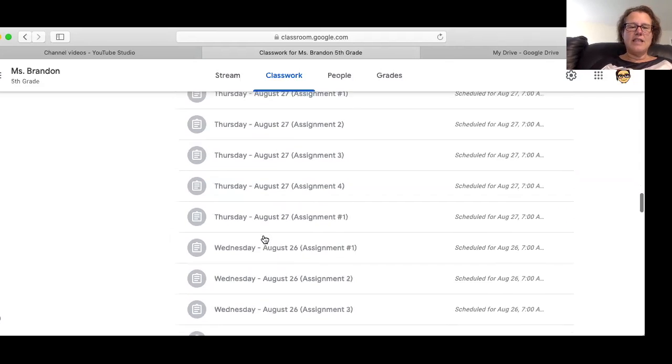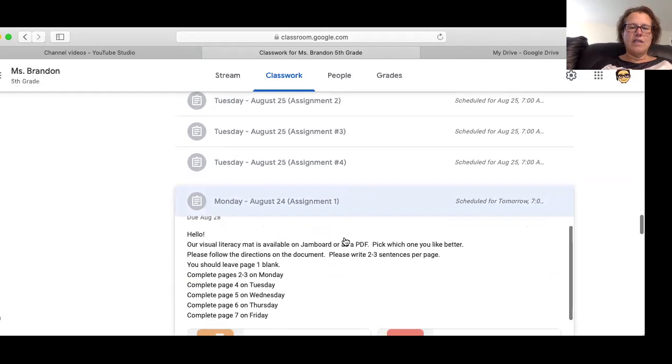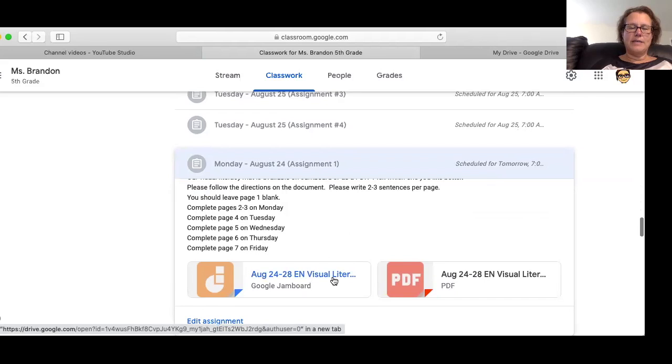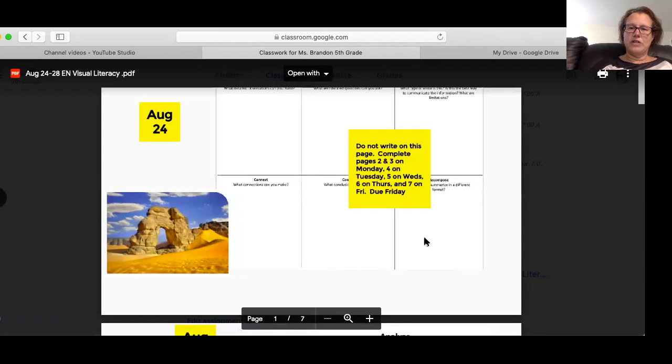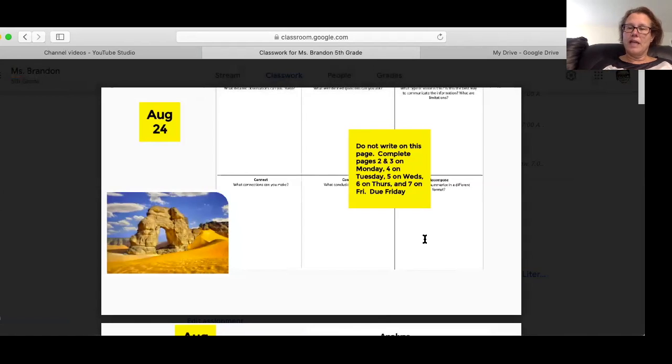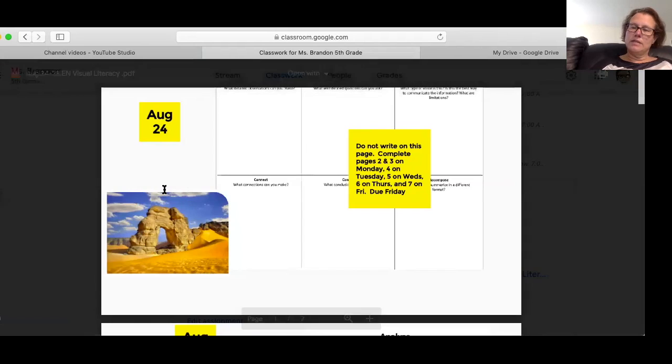And then today's assignment, the first thing is our visual literacy mat. Now the visual literacy mat, you may remember from last year, we're going to do it page by page. It'll be on Jamboard for those of you that like Jamboard and can get on, or it'll be on a PDF. And this is our visual we'll be looking at. And every day you're going to be making some responses and review it.